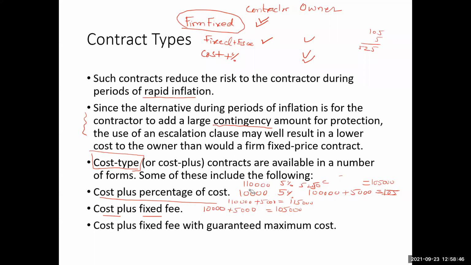Let me use the calculator. 110,000, its 5% is 0.05, so it is 5,500. I made the mistake in the calculation.